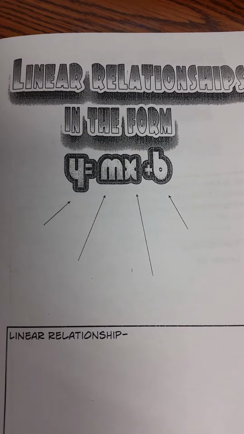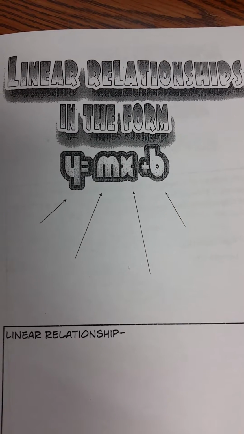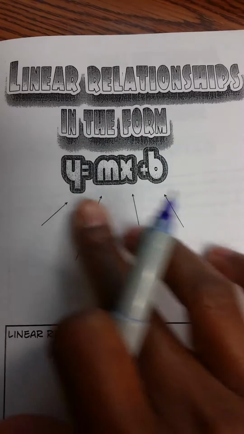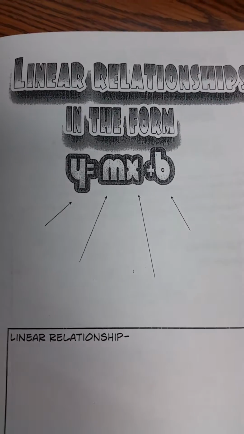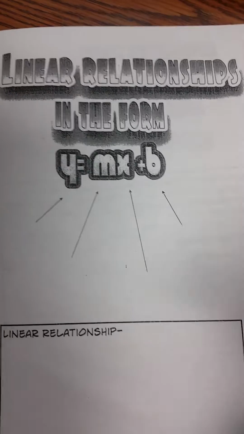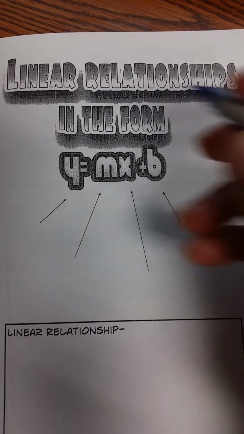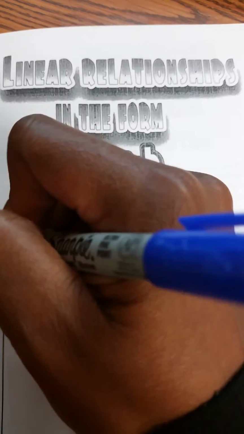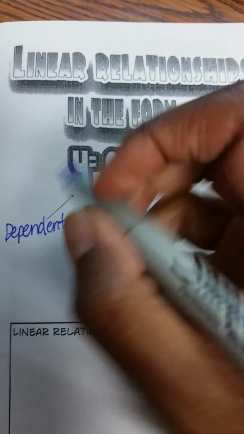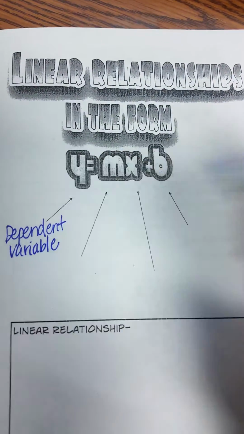Okay, class, so today we're going to talk about linear relationships in the form y equals mx plus b. Before we start, we're going to define what each of these variables represent. The y in y equals mx plus b is going to be the dependent variable.